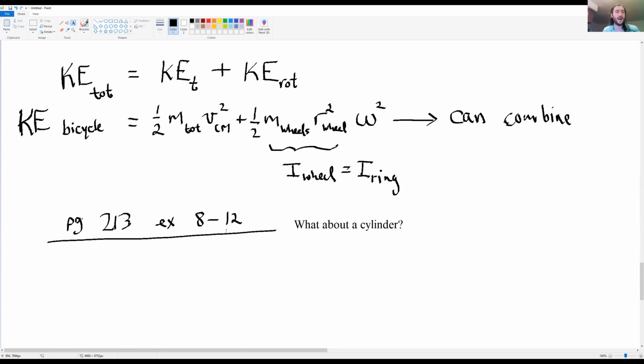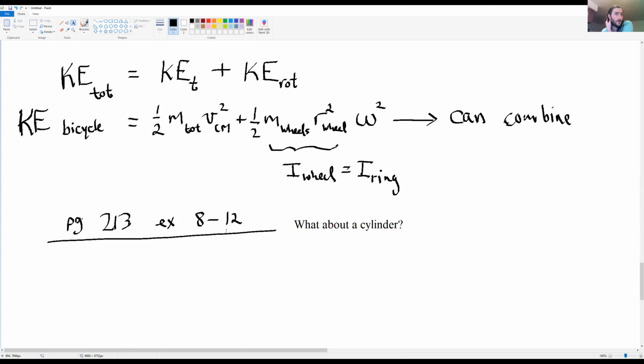And you can write down an expression for the total energy.